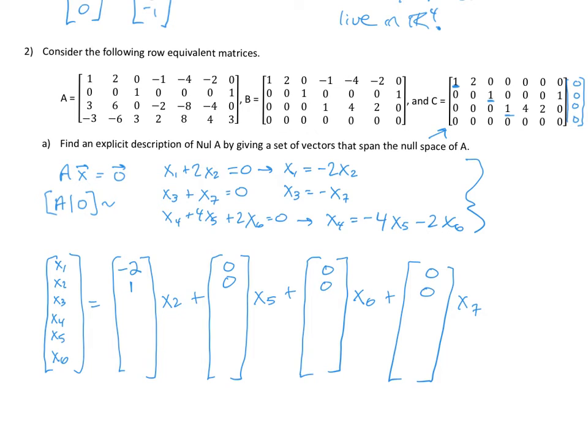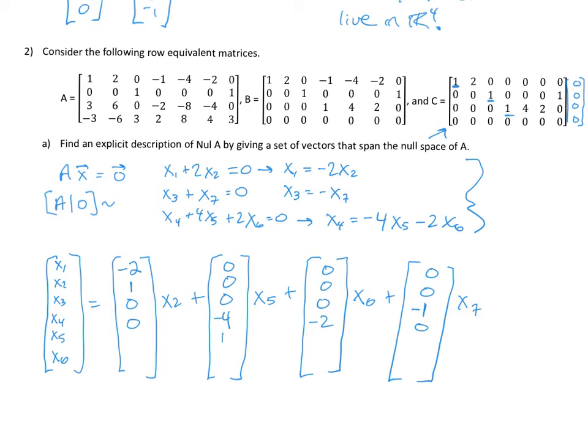x3 is negative x7, so I want a negative 1 in the x7 vector, zeros in the other 3. x4 is negative 4x5 minus 2x6, so I'll put a negative 4 here, and a negative 2 in the x6 vector, and put zeros in the other entries. And then x5 is free and x6 is free.